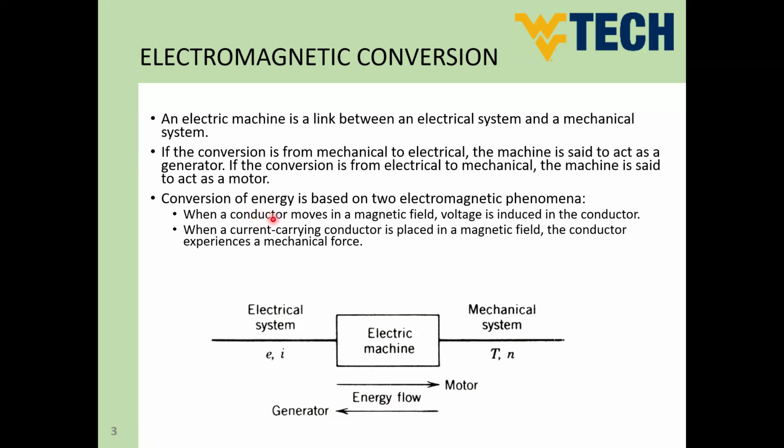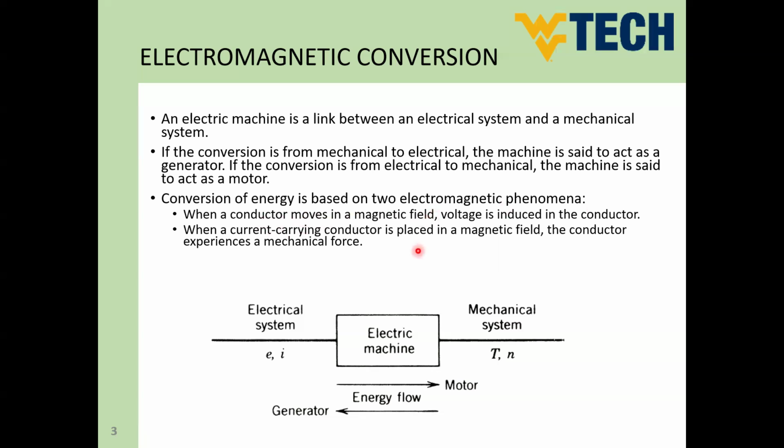So if this conductor moves in a magnetic field, voltage is induced in the conductor. This means we generated voltage. So this is a generating action. The generating action will depend on moving a certain conductor in a magnetic field.